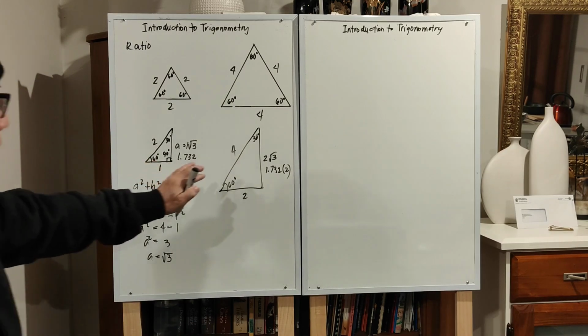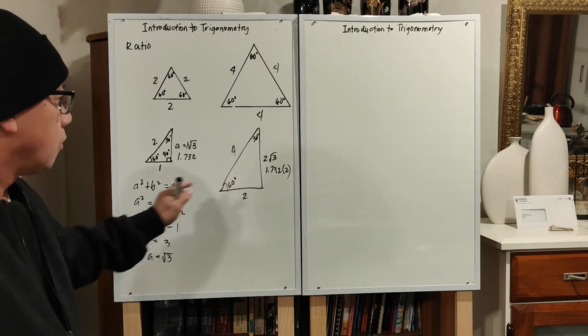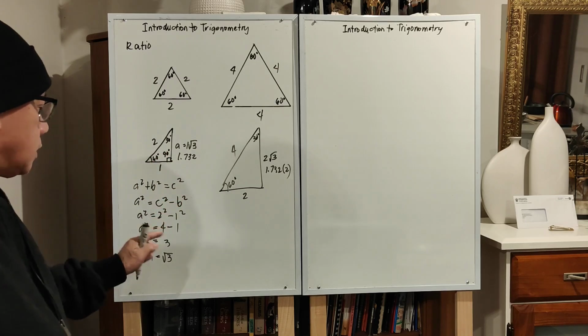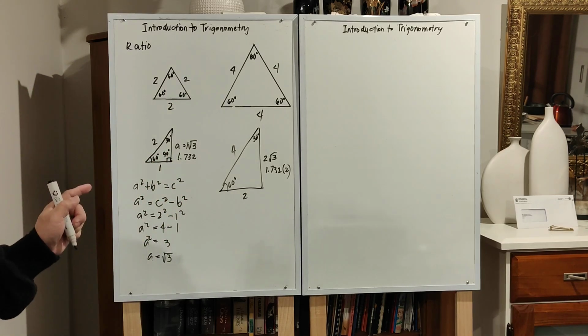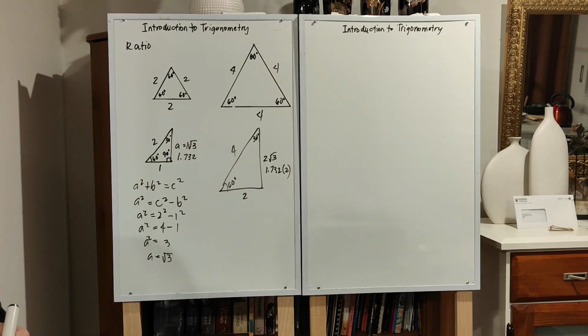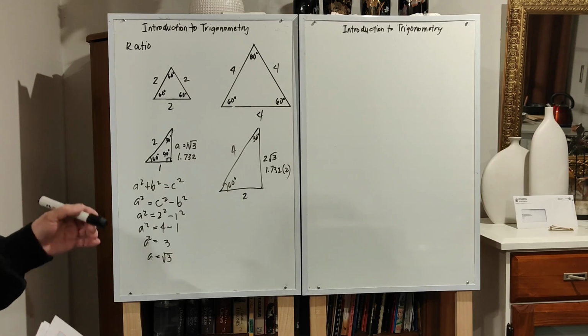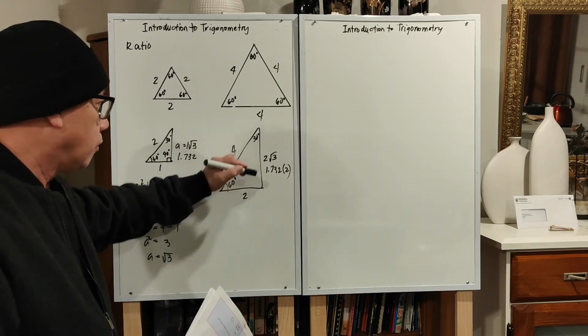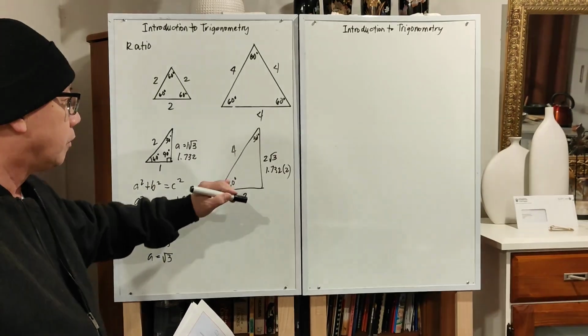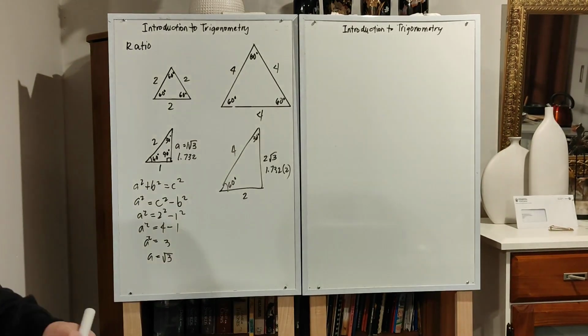So similar triangles will have the same ratios. So these ratios we can use in trigonometry to solve for triangles. Even if you have only an angle and one of the sides, you can solve for the rest of the sides of a triangle.